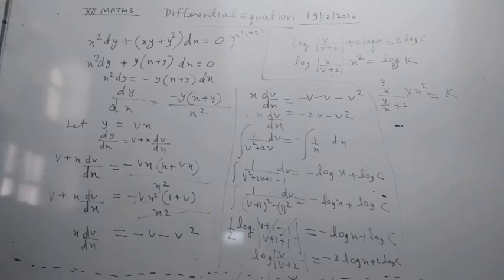Now from here we put our value of x and y, and find the value of k. So k will be what? 1 by 3, okay student.